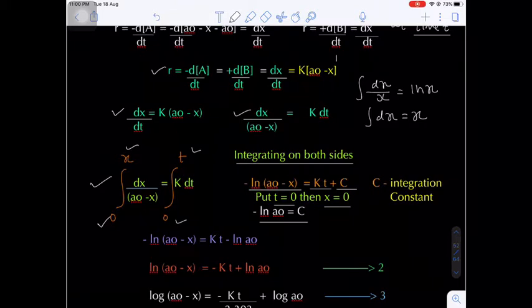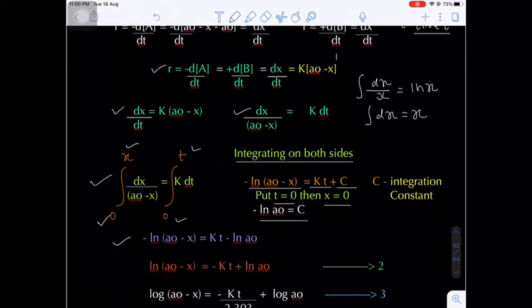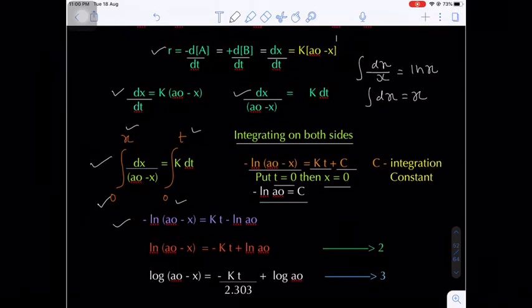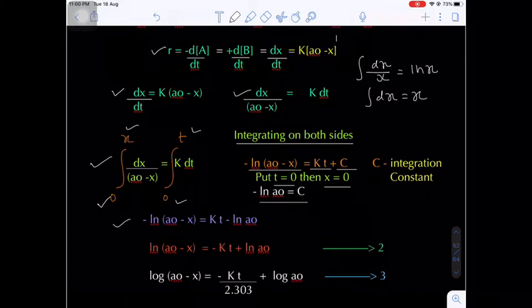By replacing the constant value in the above expression, you will get minus ln (A0 minus x) is equal to kt minus ln A0. If you bring the minus (A0 minus x) to the right side and kt to the left-hand side, you will get ln (A0 minus x) is equal to minus kt plus ln A0.